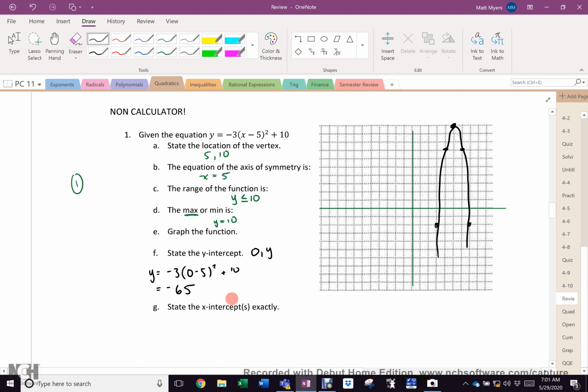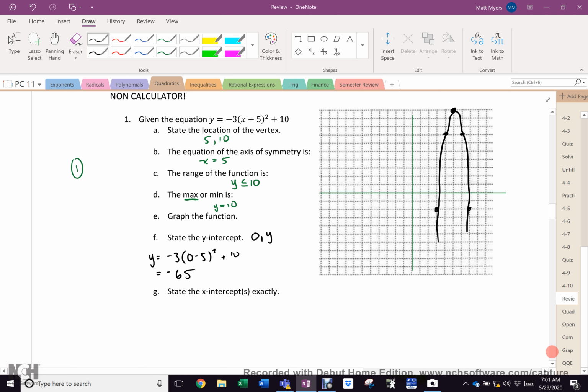And the x-intercepts exactly, that's a little bit hard on this one, actually, because how do you find the roots? Well, the easiest way to find the roots is to use the quadratic formula.